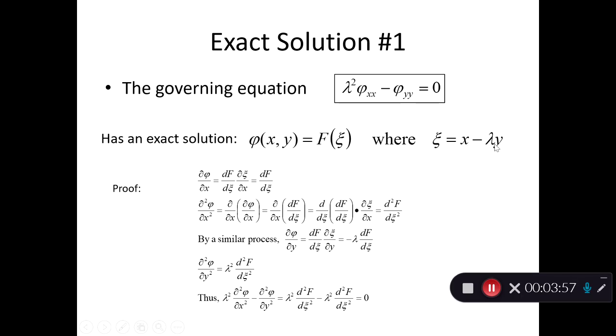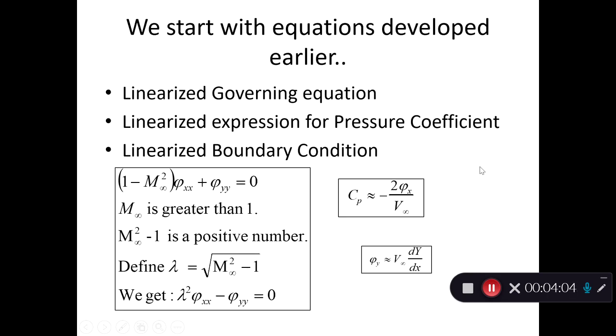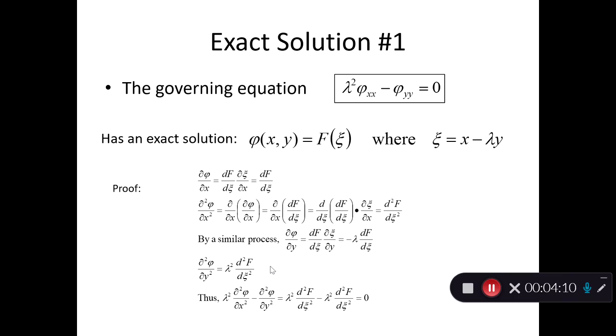The slope of this straight line is dy over dx equal to 1 over lambda. 1 over lambda is 1 over square root of M infinity squared minus 1, which works out to be the Mach line. Therefore, c equal to constant is a Mach line. So Ackeret was assuming that phi was constant along Mach lines.